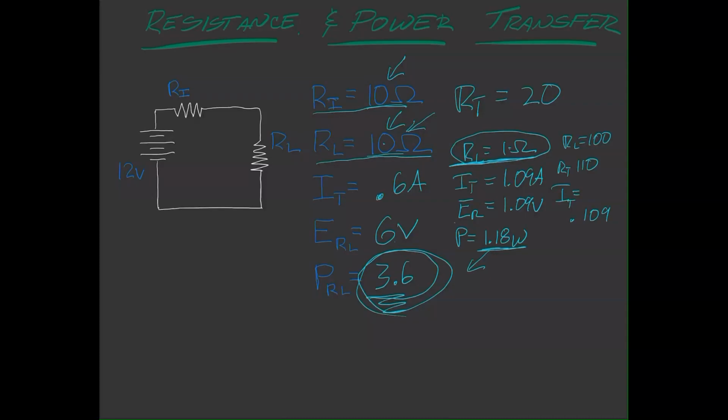And then that means the voltage dropped across there times 100 is, our load will have 10.9 volts. So let's look at our power. 10.9 times 0.109. And again, we get 1.18 watts. Again, now I've greatly increased this, and you can see my power has still decreased.